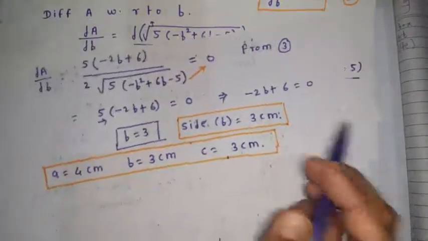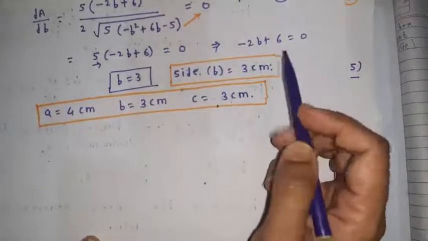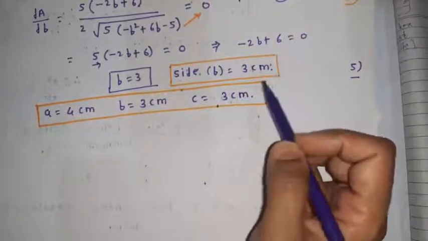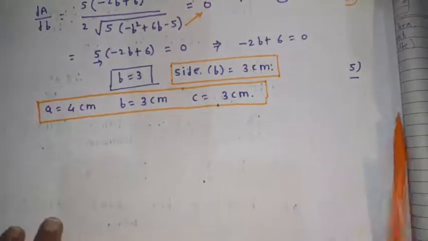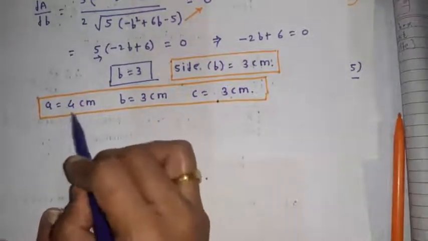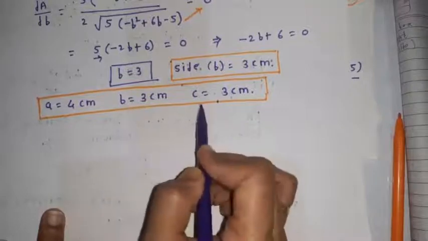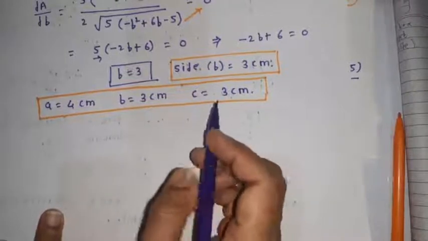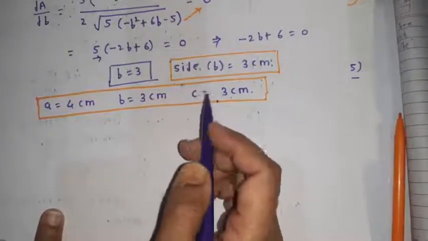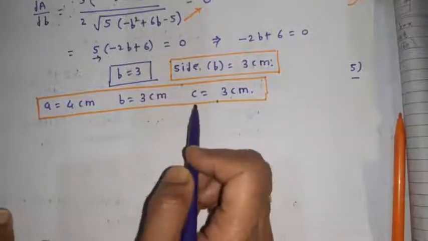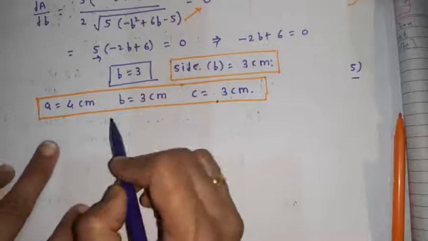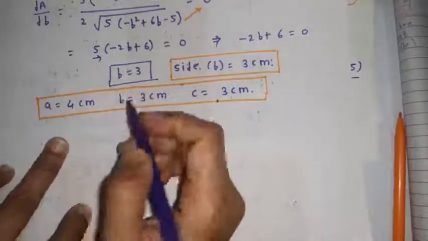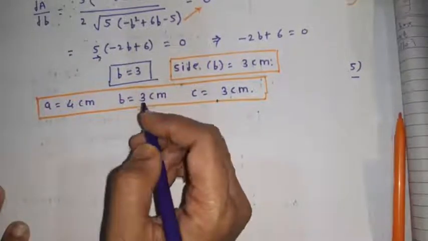We have found the sides by the first derivative test, but now we have to check whether at these values of the sides A, B, C the area is maximum or not. To check that, we will use the second derivative test.